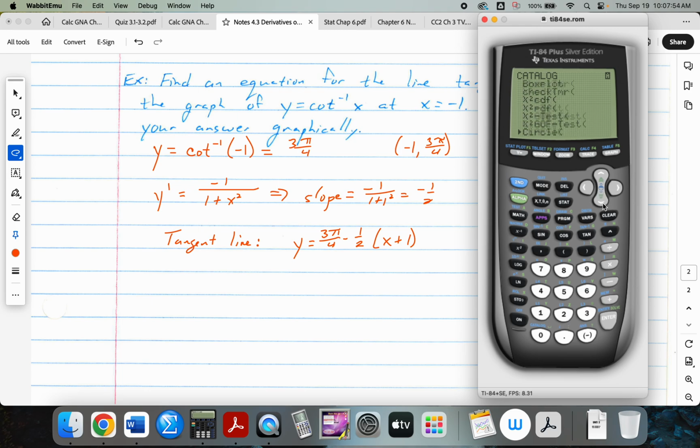I'm pretty sure that mine does not have it. Nope. Doesn't even have cotangent. Does yours have it in there in the catalog? Mine died. Yours died? No, I don't think so. Okay.